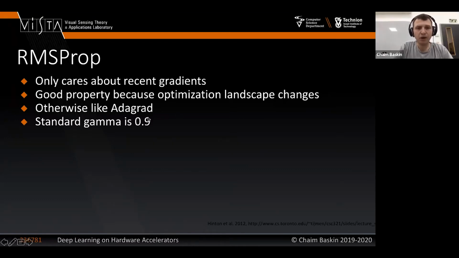It has a good property for optimization if the landscape changes, because it cares about the recent gradients; otherwise it would be Adagrad. So these are the two benefits that we have of RMSprop over Adagrad. And the standard gamma here is 0.9.